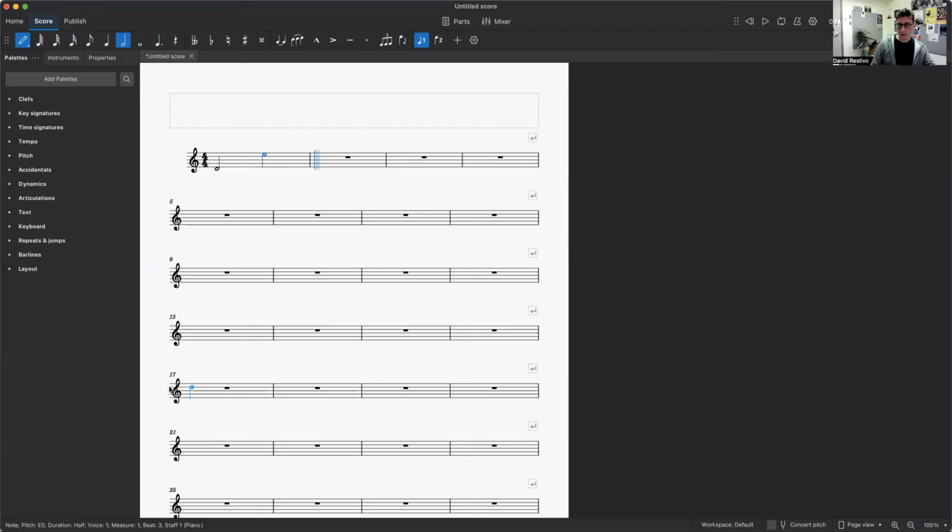Now, the alto saxophone. The alto saxophone is a bit of a tricky bit of business. The alto saxophone is an E-flat transposing instrument. And what that means is if you write a C for the alto saxophone, it's going to sound like an E-flat.